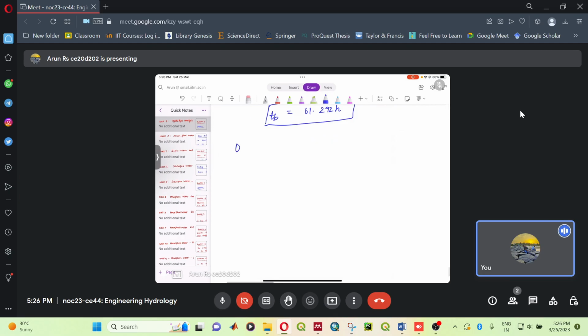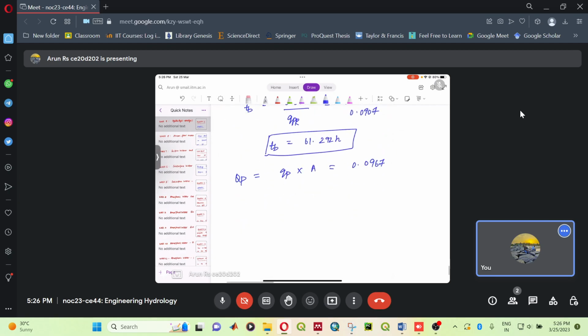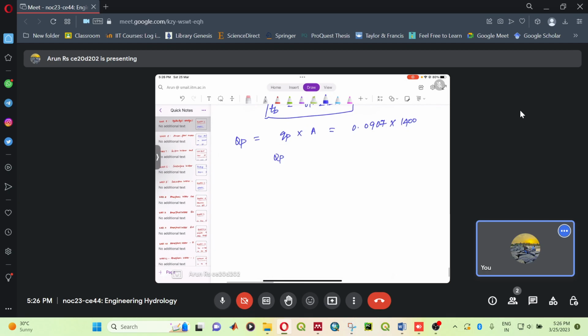Next we can find out what is the peak discharge. Peak discharge is equal to QP into the catchment area, that is 0.09 into catchment area 1400. We have the peak discharge as 126.98 meter cube per second.